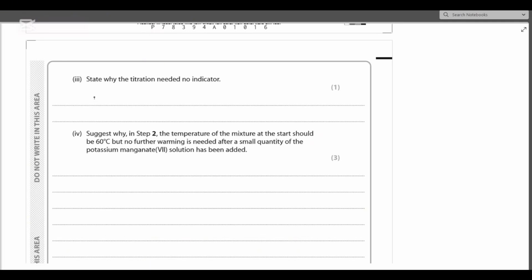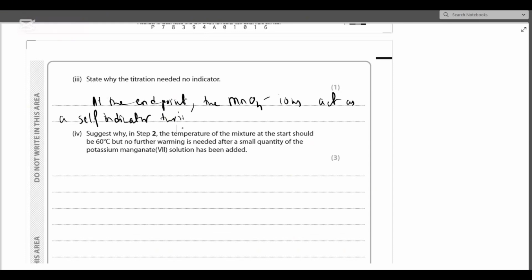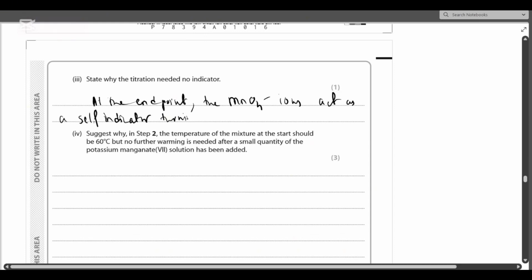So we can say at the end point, the MnO4- ions act as a self indicator, turning pale pink.